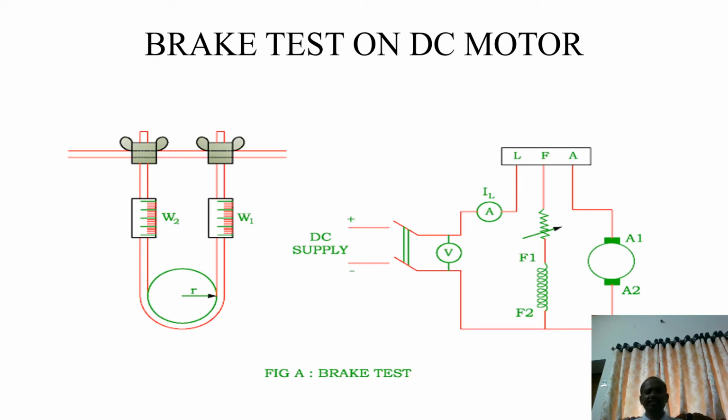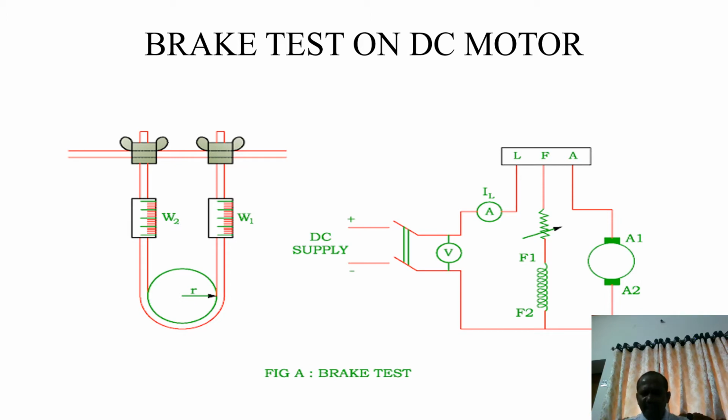So let us see the diagram of the brake test on a DC shunt motor. Here we are observing the circuit diagram. This is a DC supply, which is connected across this voltmeter V. In line there is an ammeter which carries the load current, connected to L. You have a 3-point starter: L is load, F is field, A is armature.